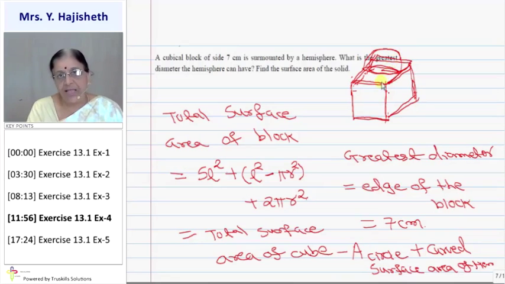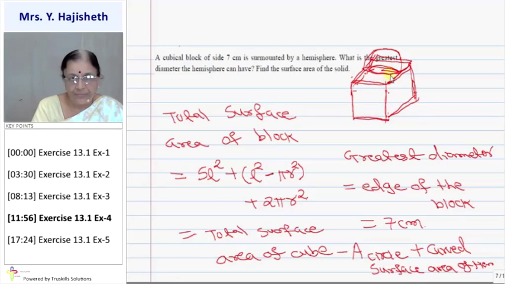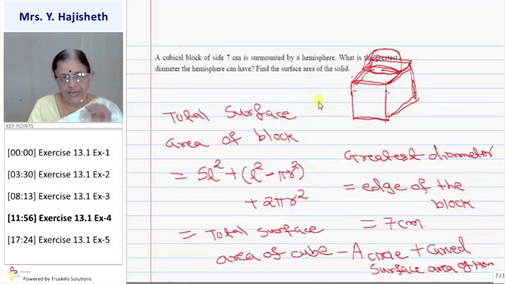So here the greatest diameter this hemisphere can take is nothing but the length of the cube. Clear? So the greatest diameter this hemisphere can take is equal to the length of the cube. Now tell me, what is the length of the cube?